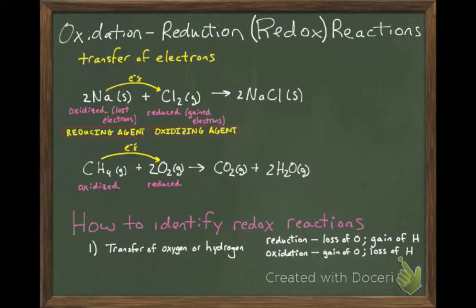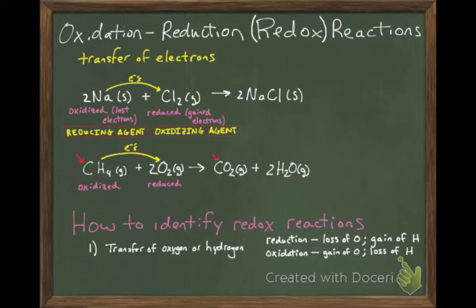Certainly the gain of oxygen part makes sense from the term oxidation; gaining oxygen, oxidation, seem to go together pretty well. And it turns out that we can identify the combustion of methane as a redox reaction using this simple method. The carbon in that reaction is bonded to 4 hydrogens, and in the product, carbon is bonded to 2 oxygens.